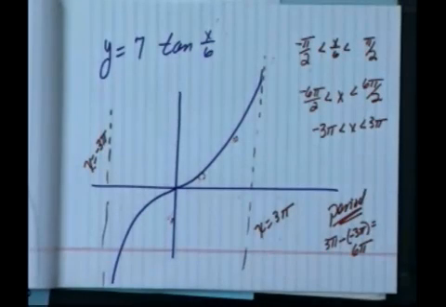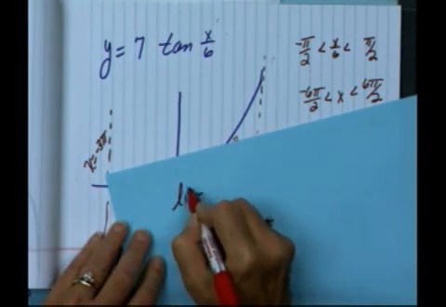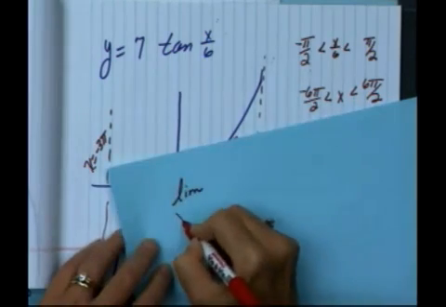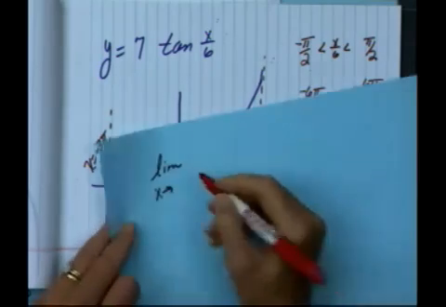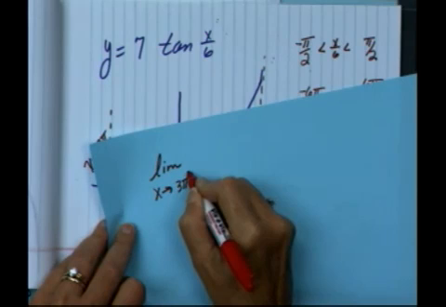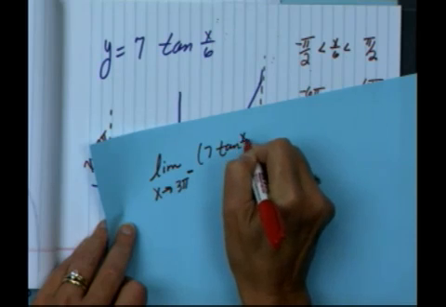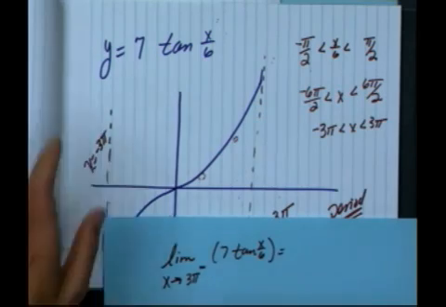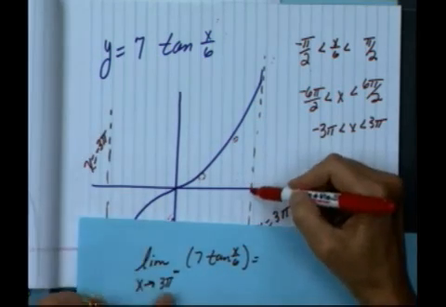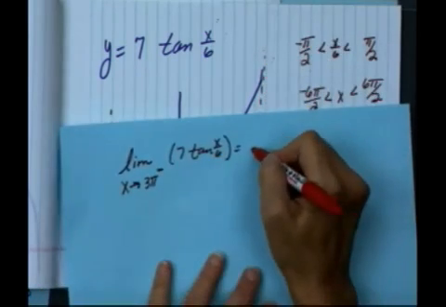Let me ask you a couple other questions. What is the limit as x approaches 3 pi, but a little bit smaller, of 7 tangent x over 6? You would say infinity.